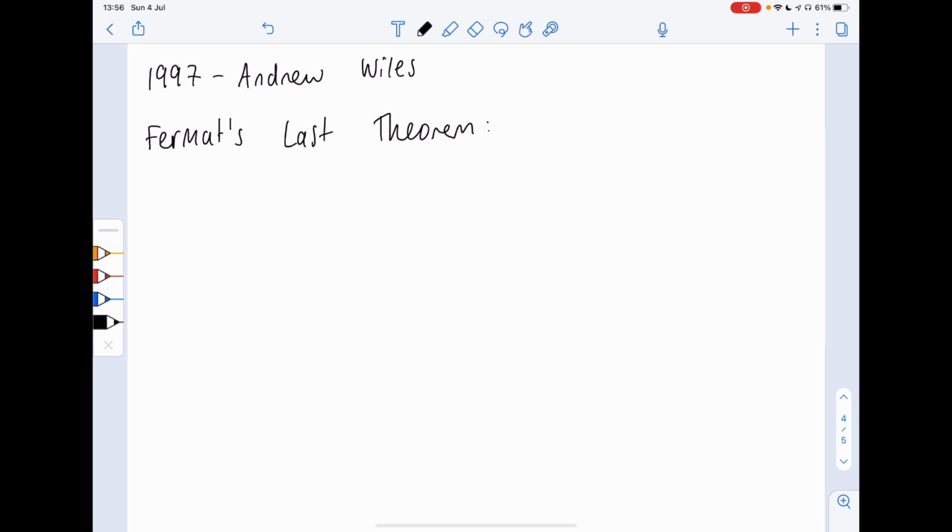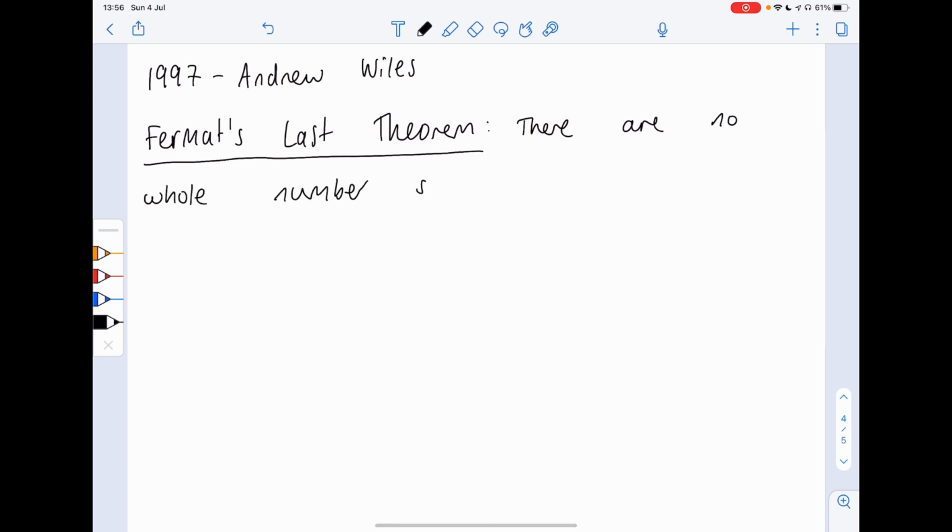So what does Fermat's last theorem say? It says there are no whole number solutions to the equation a to the n plus b to the n equals c to the n for n bigger than 2.